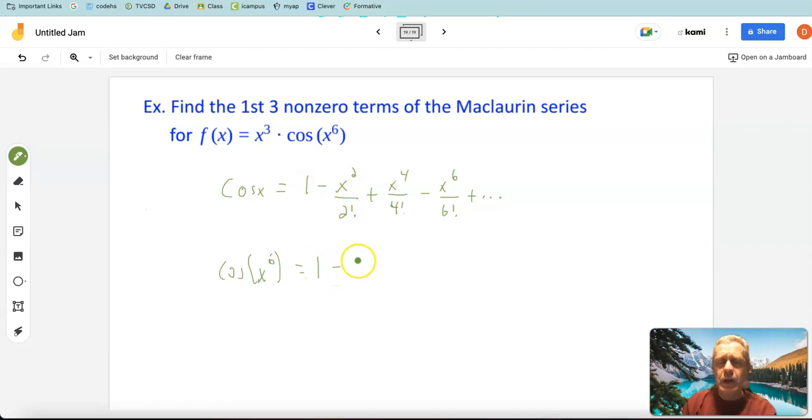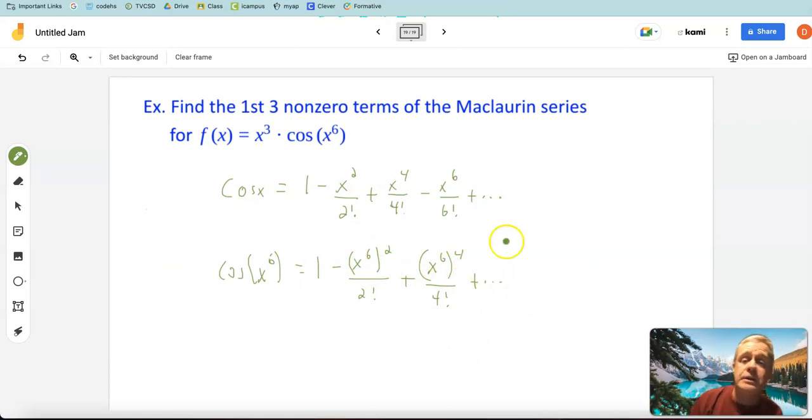But now into the second term here, we would plug in x to the sixth, and that would be squared over 2 factorial. And then into the third term here, again, we plug in x to the sixth, and that would be raised to the fourth power, and that's all over 4 factorial. And technically, that would be 3 non-zero terms, so we wouldn't need to go any further here.